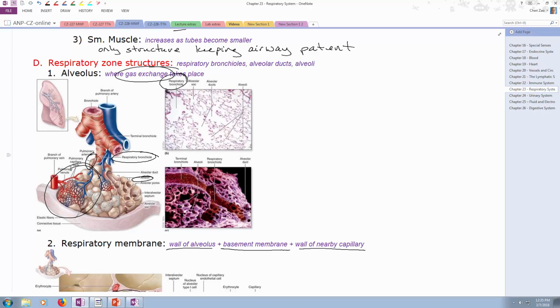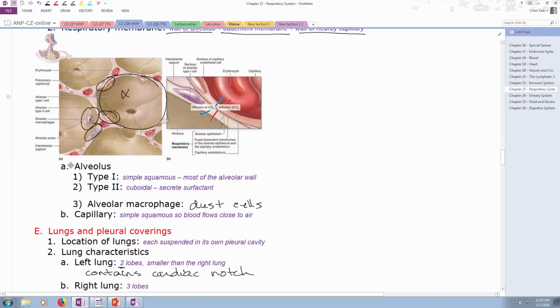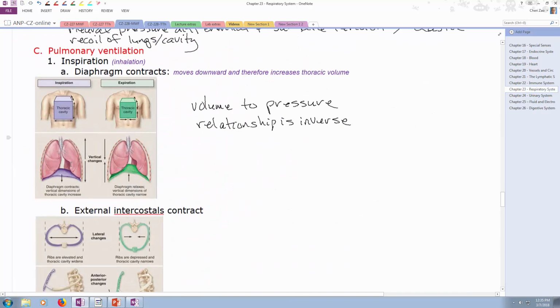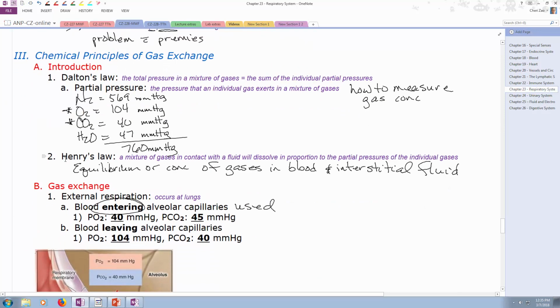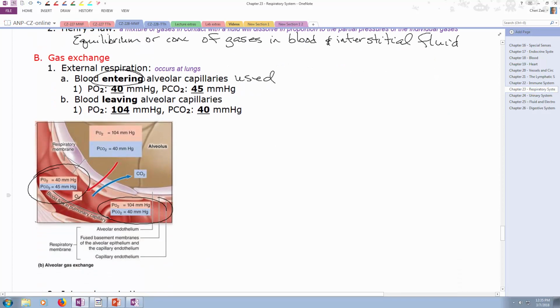And as it goes along, it will finally reach its equilibrium at 104. Now, that is a really big alveolus, and the capillary is really small. Do you think this is going to have a major impact on the O2 concentration of that giant lake of oxygen? It does not. And so that's one of the things that you have to keep in mind.